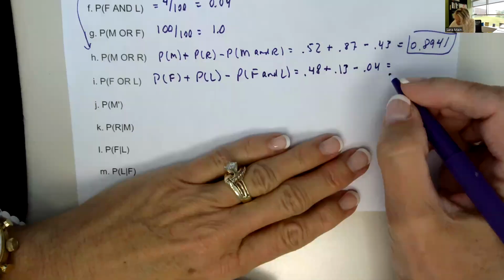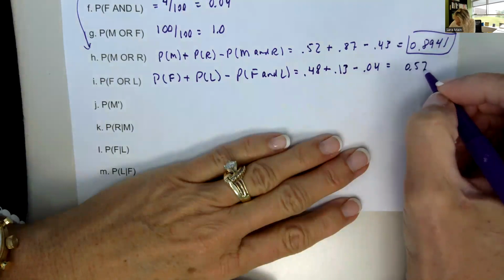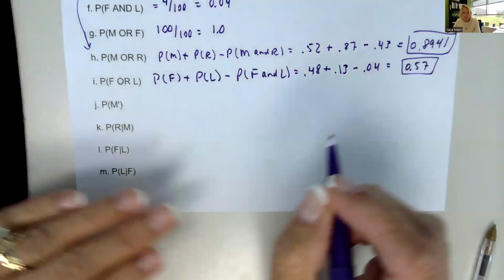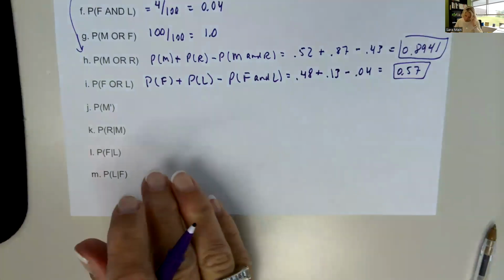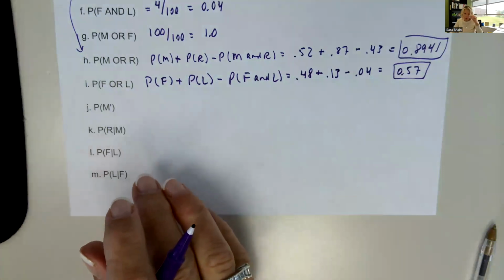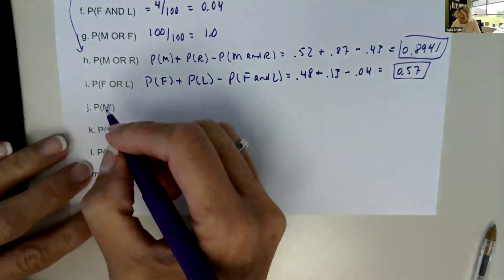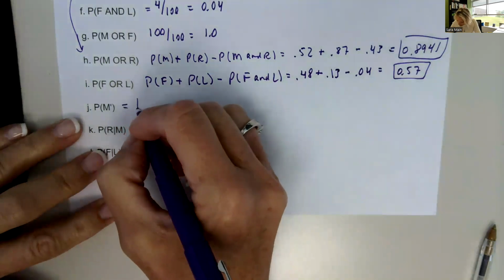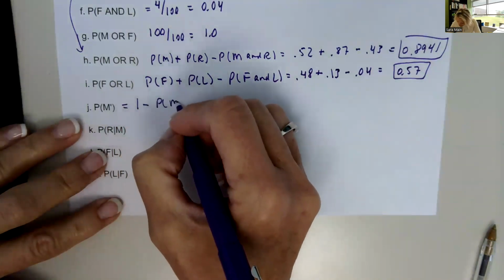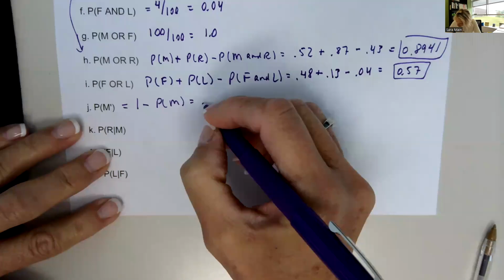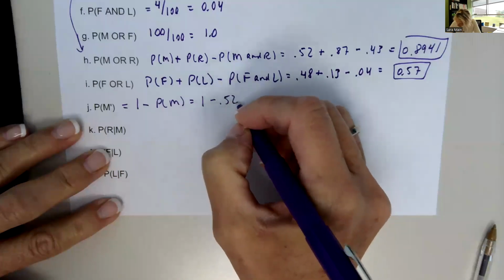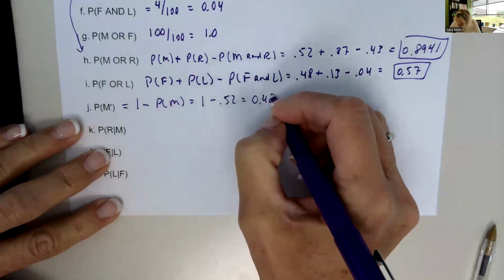And it comes out to be 0.57. Okay. J, the probability of M prime, which is the complement of M. We can find that by taking 1 minus the probability of M. So 1 minus 0.52 is 0.48.